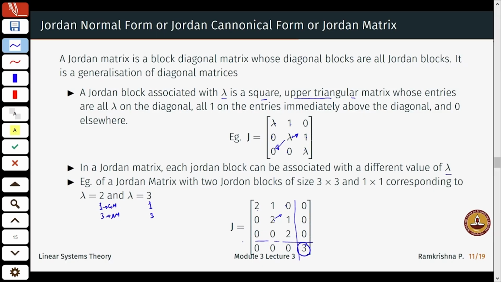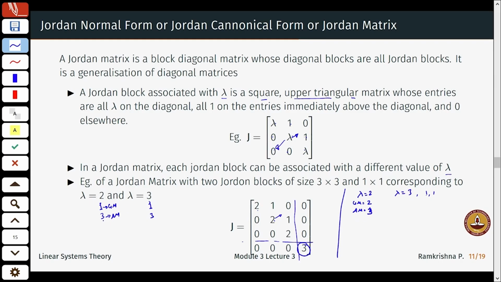Okay. So, different combinations are possible. You can ask what if I still have lambda equal to 2, lambda equal to 3, and say lambda equal to 2 has a geometric multiplicity of 2 and algebraic multiplicity of 3, and this can just be 1 comma 1, algebraic multiplicity of 1 and geometric multiplicity of 1.